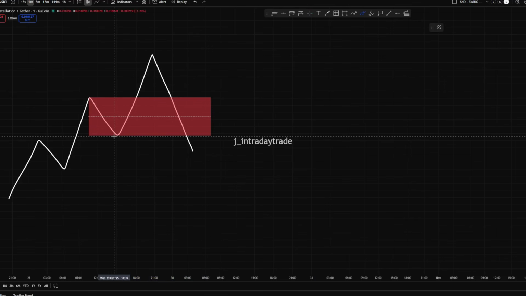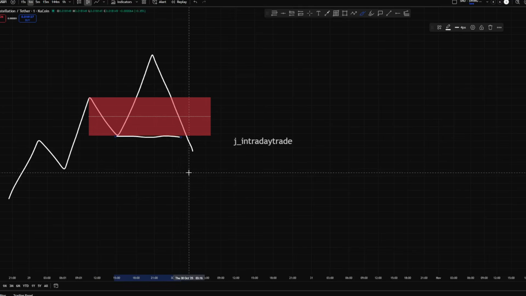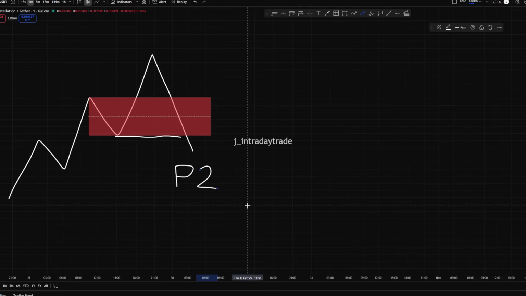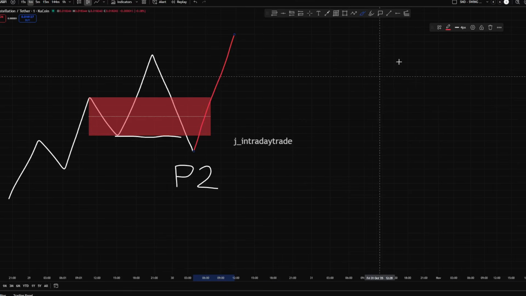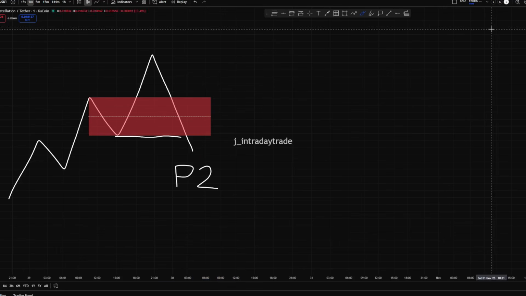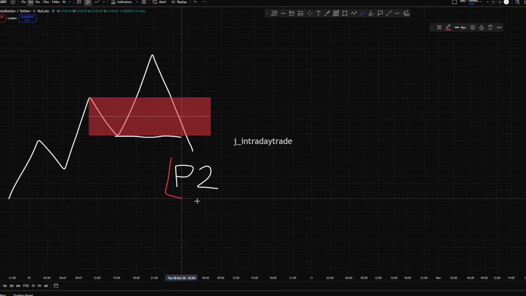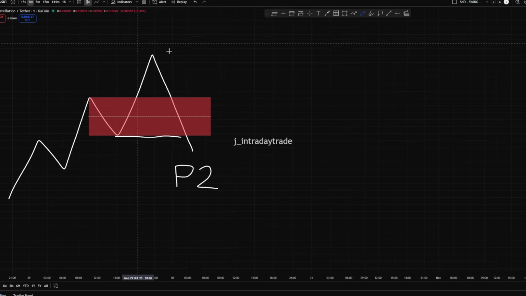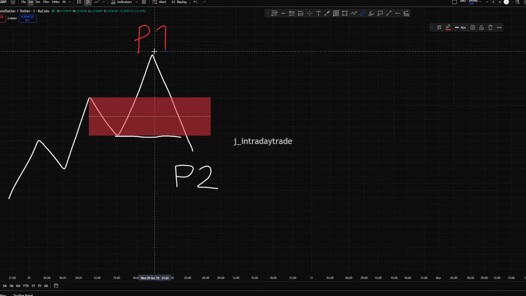Whenever we sweep this area, which is down here, we create a potential. We are getting the idea that this price action wants to go up here. Meaning it's not yet a P2, an actual 2, but it's looking to potentially become one, right? So you are setting yourself up for success if you note it down as a P2 prior to it actually reaching this high. And if that's the P2, then this would have to be the P1, right?